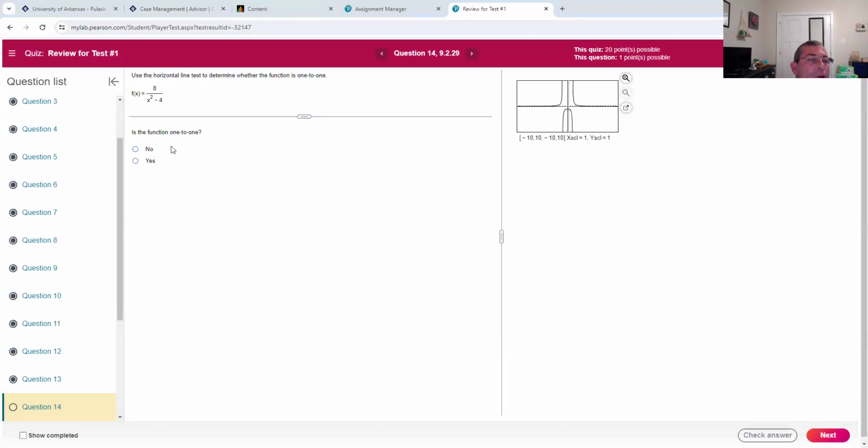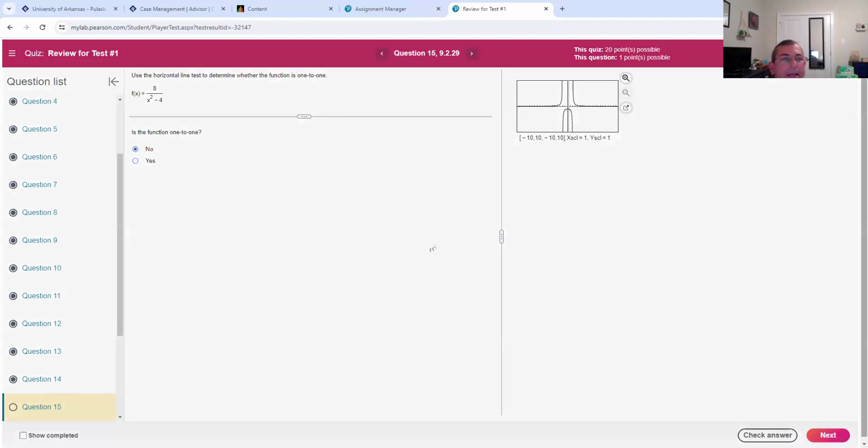So y'all are giving me no, good job. Because if you run a horizontal line across that, it's going to hit it at least twice, okay? So that's definitely a no. Good job, y'all. So we would click no on that one. So remember, vertical line for functions, horizontal line for one-to-one.